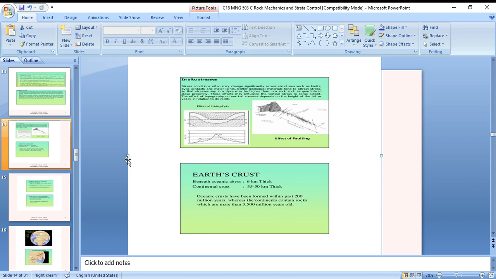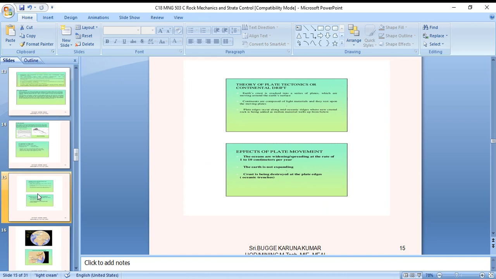There are continental crusts containing rock which is more than 3.9 billion years old. So in the theory of plate tectonics, or continental drift, the earth crust is cracked into a series of plates. They are moving around the earth surface. Continents are of lighter material and they rest on the plates.